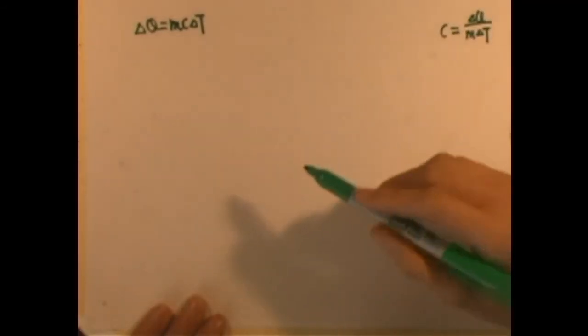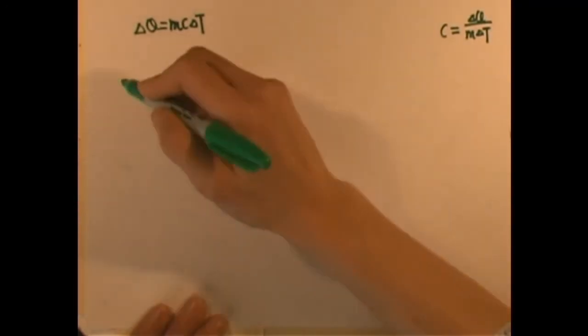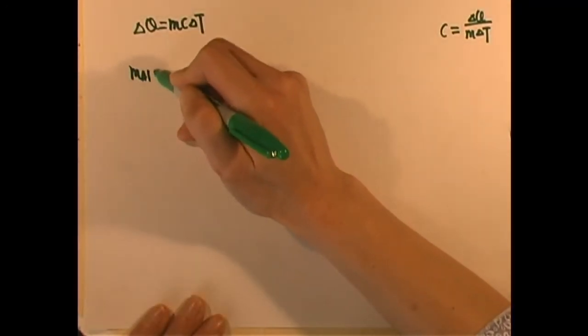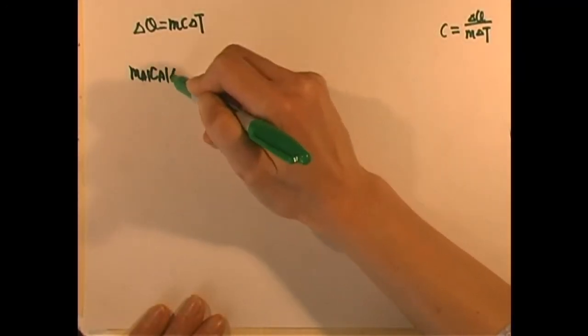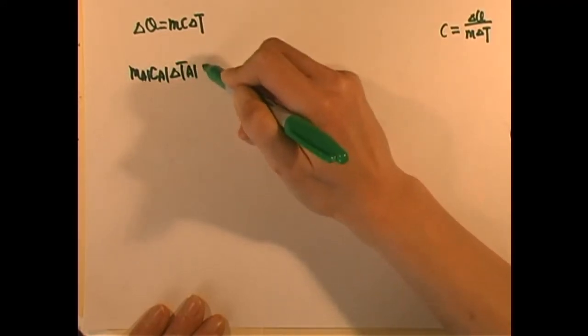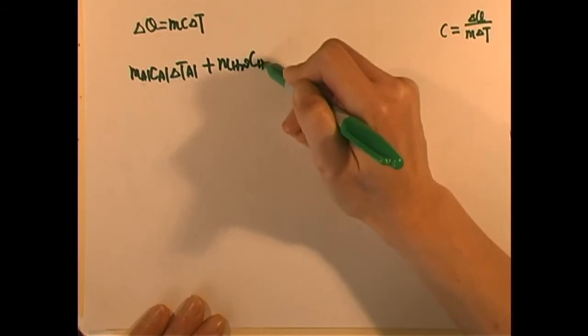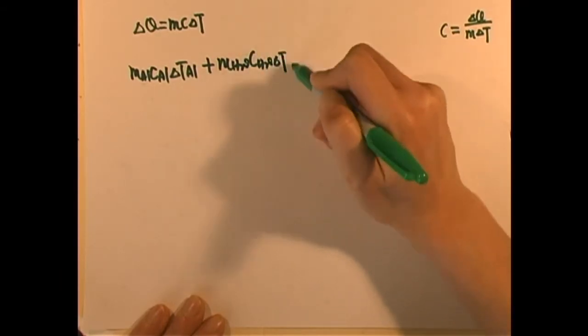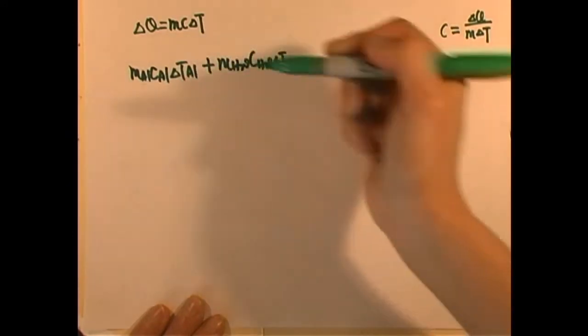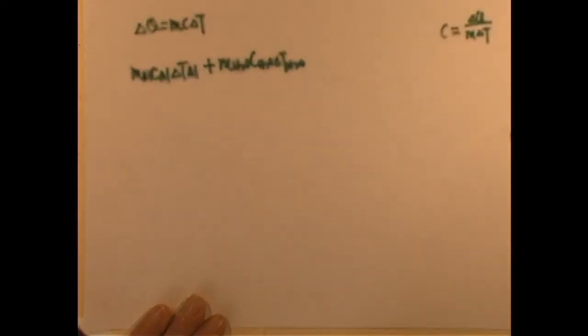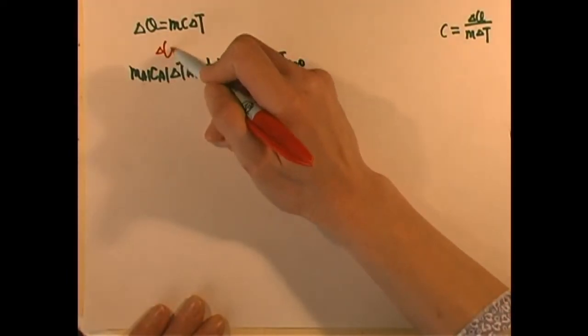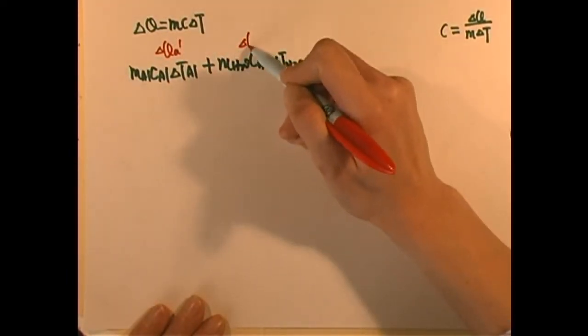In this case, we have four substances. So we say M of aluminum, C of aluminum, delta T of aluminum, plus M of H2O, C of H2O, delta T of H2O. These two are initially at 10 degrees Celsius and later become 20 degrees Celsius at final temperature. So these two terms are delta Q absorbed 1 and delta Q absorbed 2.